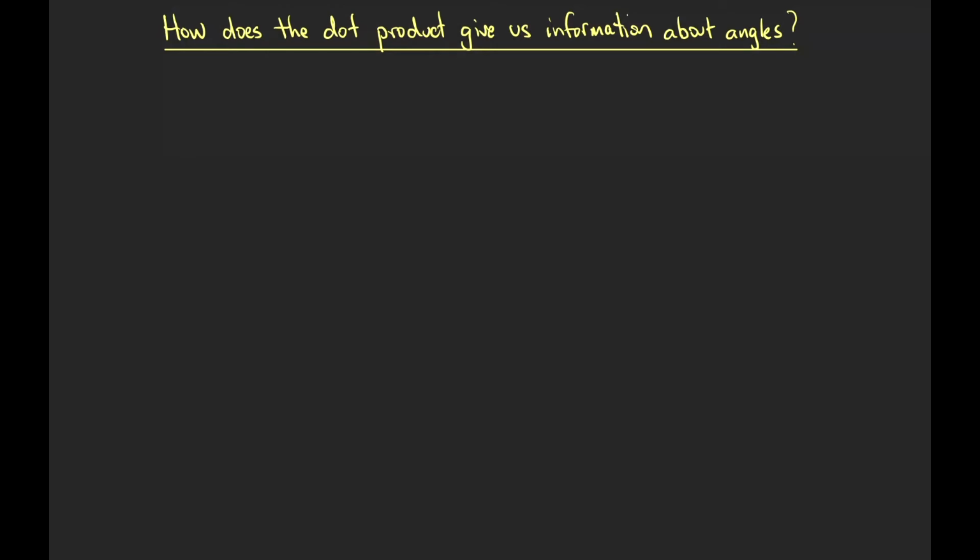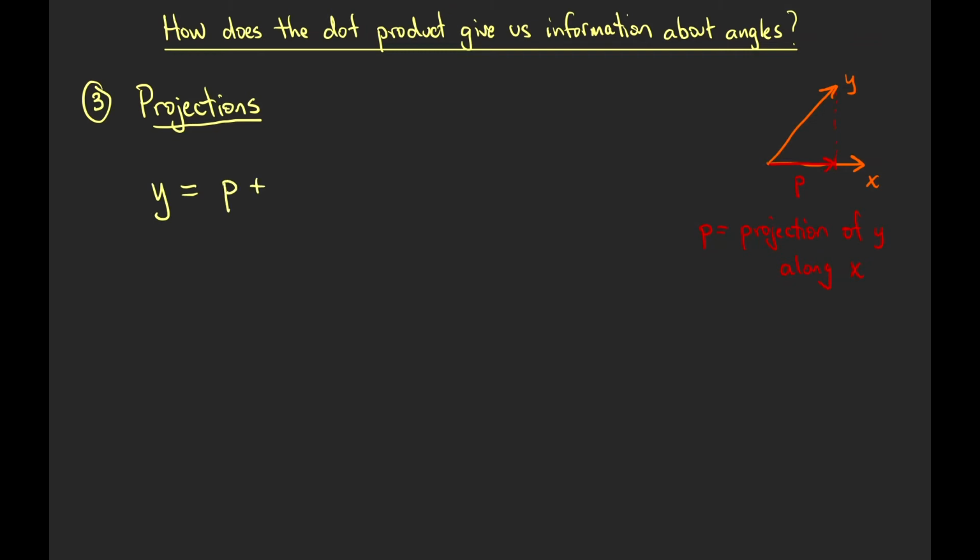Let's talk about how to compute the projection of one vector along another vector. So if I'm given two vectors, x and y, I'd like to compute this red vector, p, which is the projection of y along x. You can see from the picture what I mean. This allows us to write y as the sum p plus y minus p.